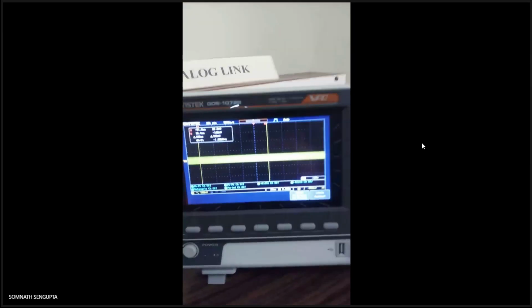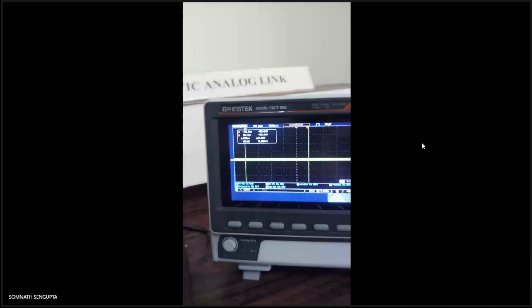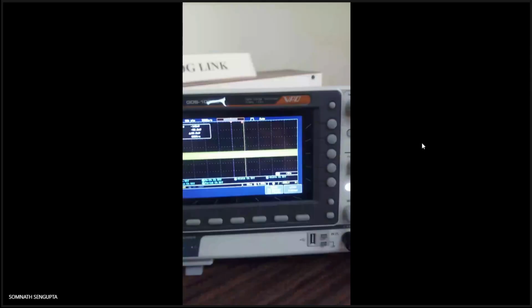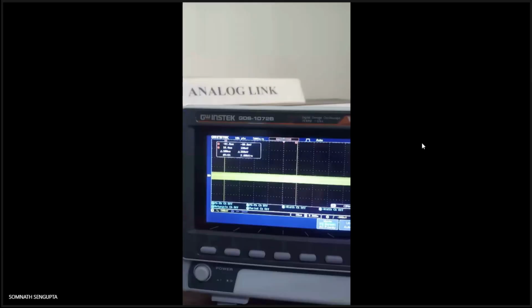The response has started to decrease. Okay. So you note down the readings.